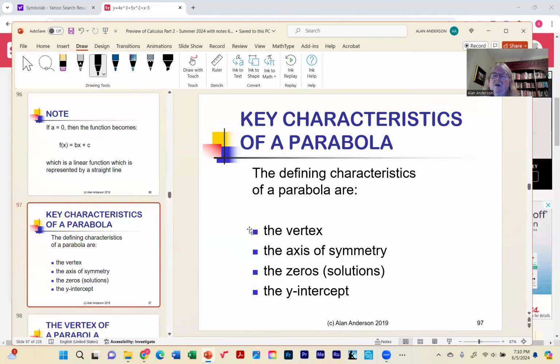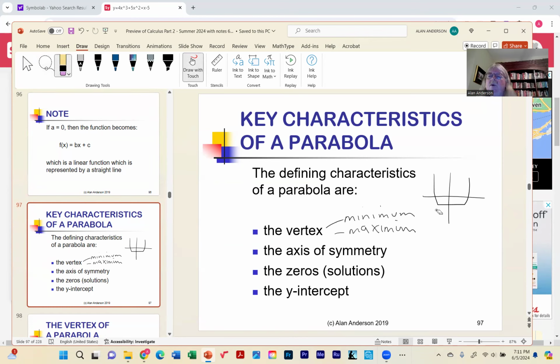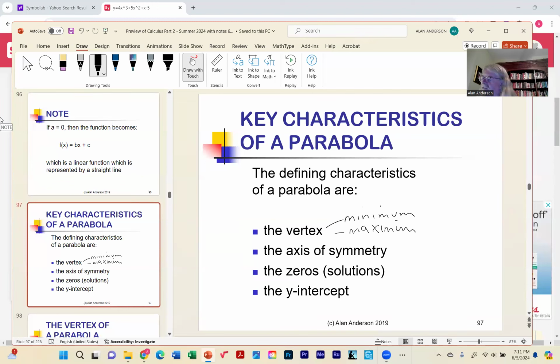So we're going to briefly look at the components of a parabola. The vertex we've already seen is either the minimum or maximum point. And we know that it has to have one because of its shape. In other words, you're not going to get something like this, a flat bottom or some nonsense like that. It's going to have one unique minimum or one unique maximum, and it is formally known as the vertex.